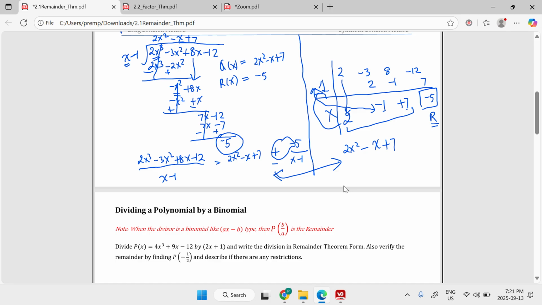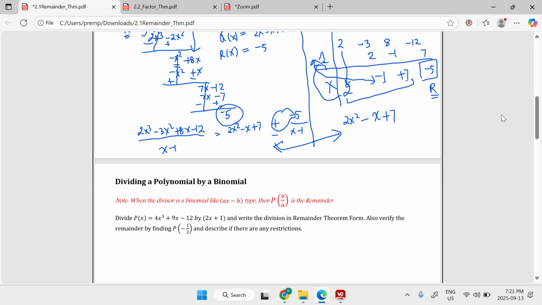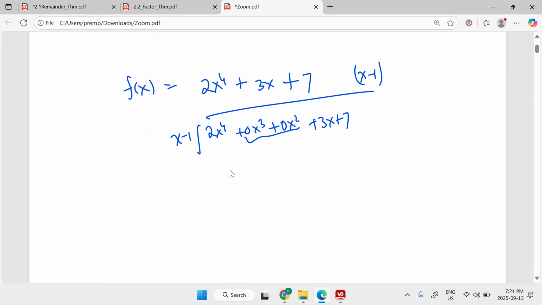But the synthetic division we prefer when we have an integer value of a. So for example, say we have a function f(x) equal to 3x⁵ plus 4x² plus 37 something, and we say divided by, let it be say 3x plus 4.